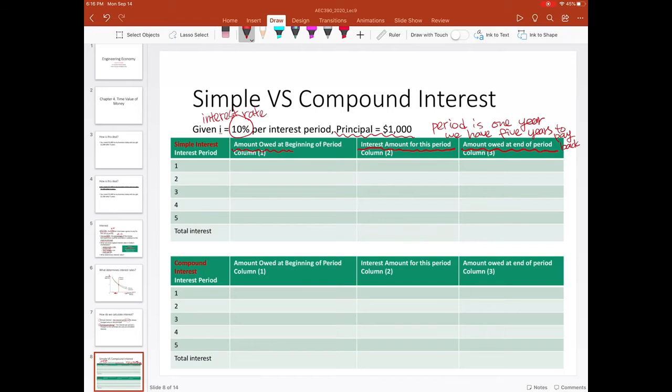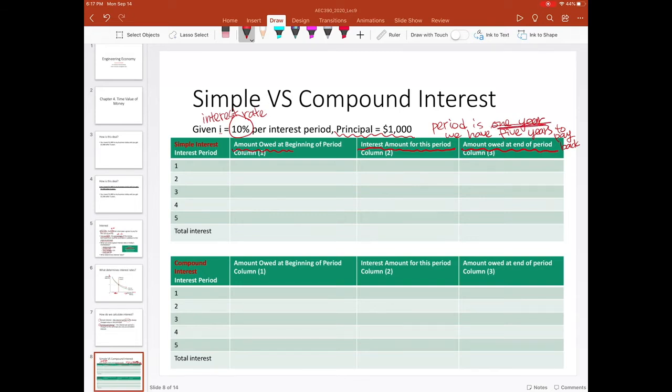Okay, so let's do a summary here. You borrow $1,000 from maybe a bank at an interest rate of 10%. And after 5 years, you have to pay back the initial payment and also the interest. And how frequently does the bank calculate the interest? We say every year, okay?